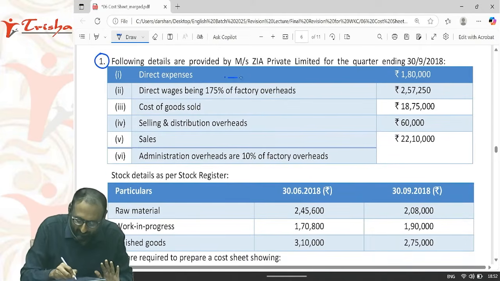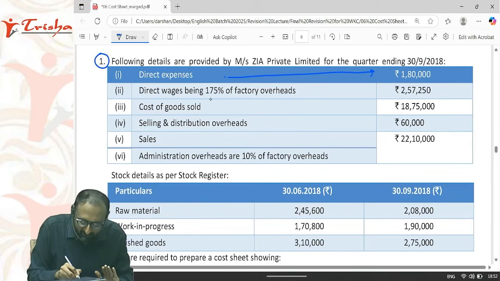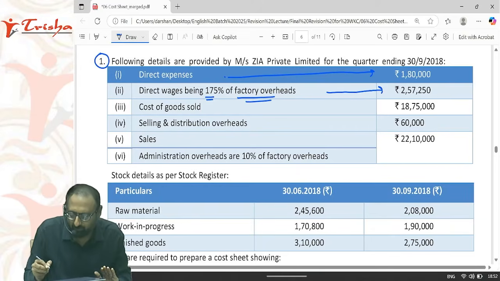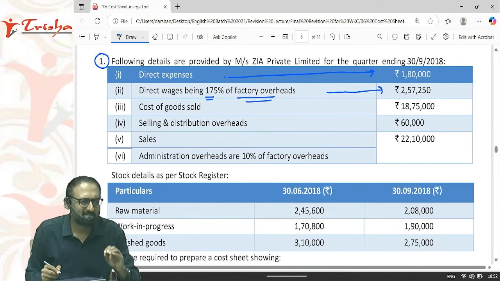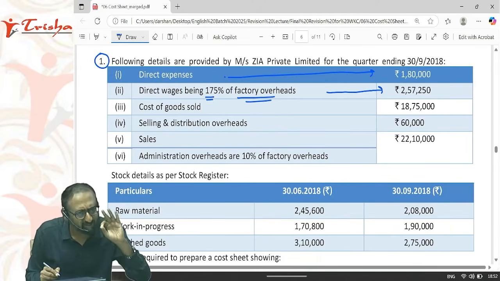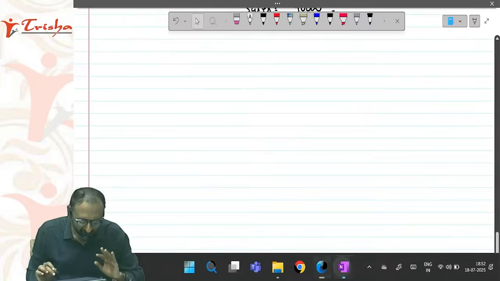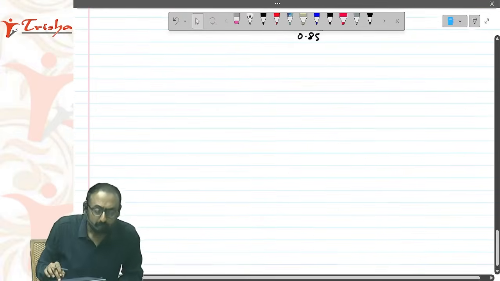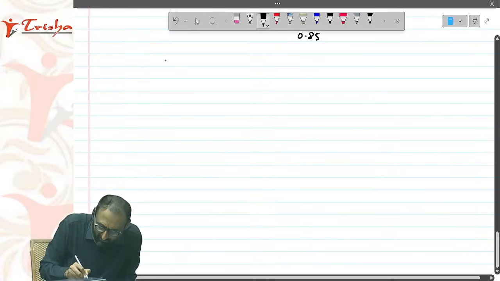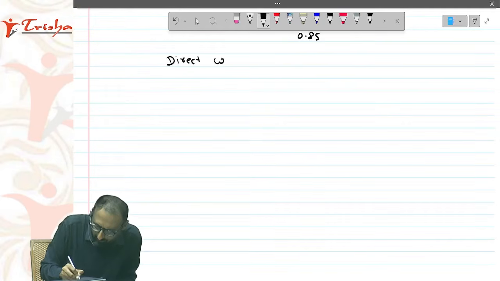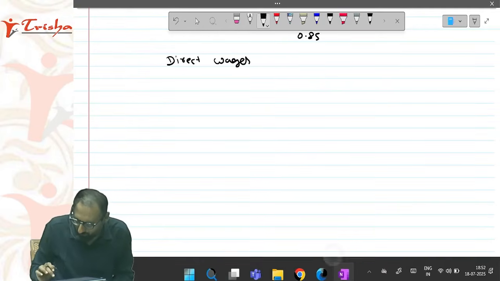Direct expenses is given. Direct wages 175% of factory overhead, which is 2,57,250. This adjustment has been asked in examination 3 times till now. Everyone please concentrate.